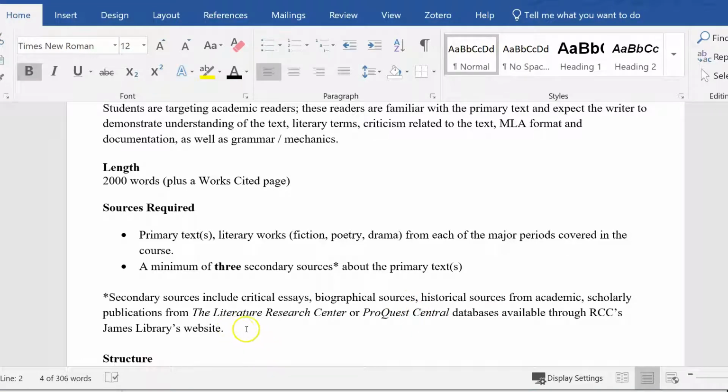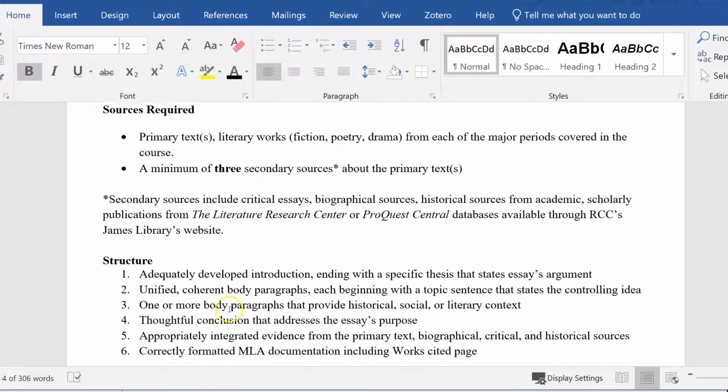You can find these through the library's Literature Research Center or ProQuest Central databases. So secondary works are the works about the literature. The literature itself is the primary works, and the scholarly sources that discuss them are the secondary sources.